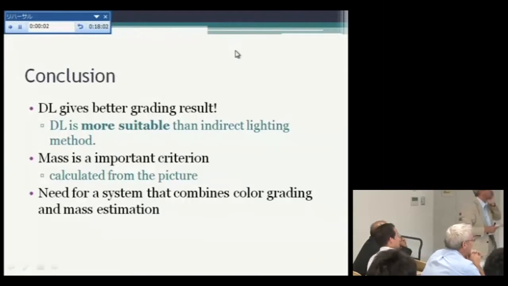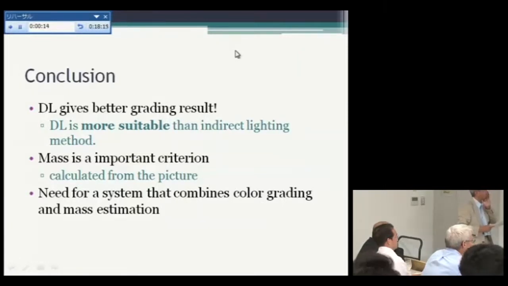I think you are talking about the lighting system to get a good image. Why do you have to conclude that mass is an important criterion? It's out of the topic of your presentation.